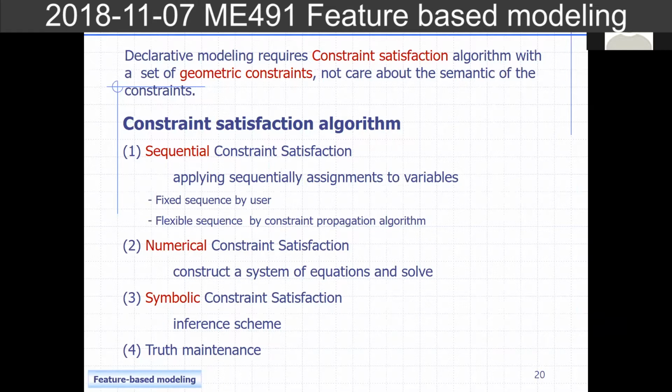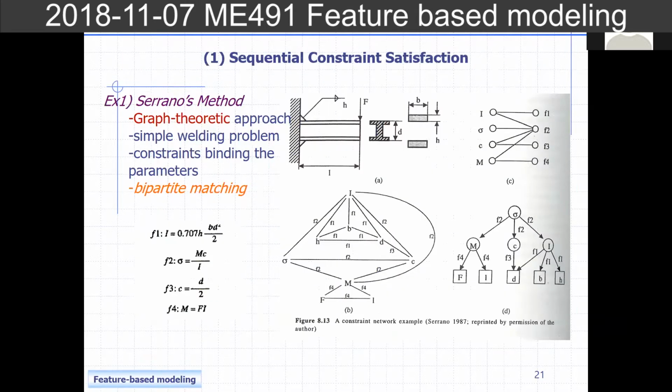No, sequential and procedural and what was that? Declarative, right? But this one is a different one. This is only for satisfaction algorithms. There is sequential satisfaction, numerical satisfaction, symbolic satisfaction, and truth maintenance.